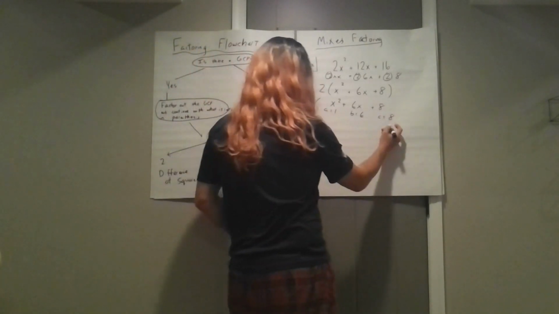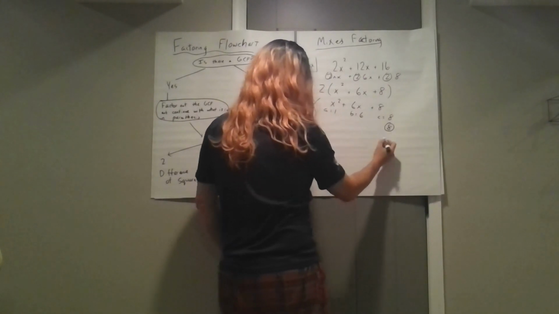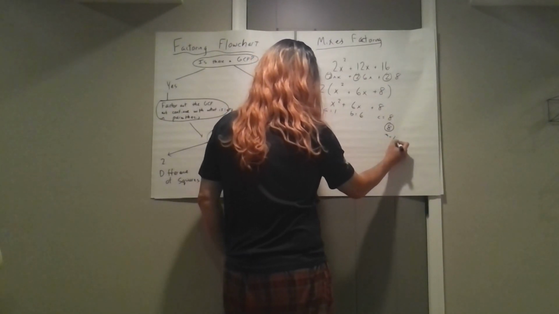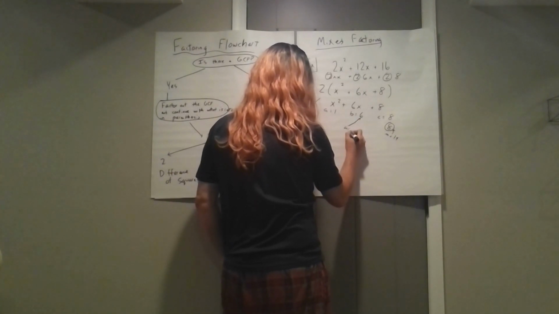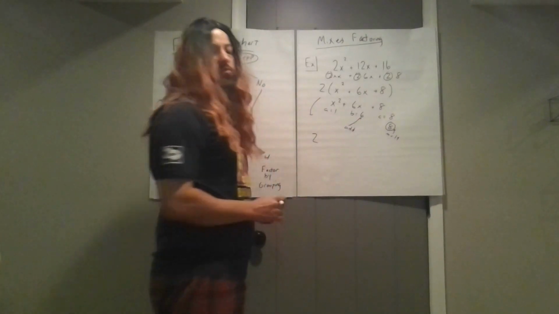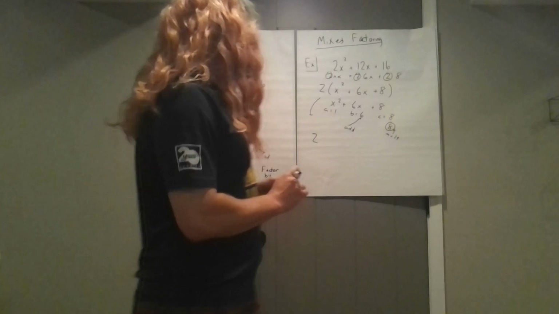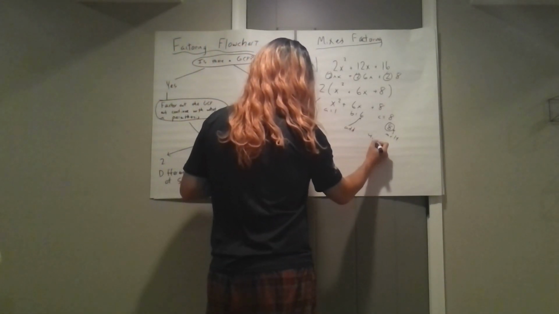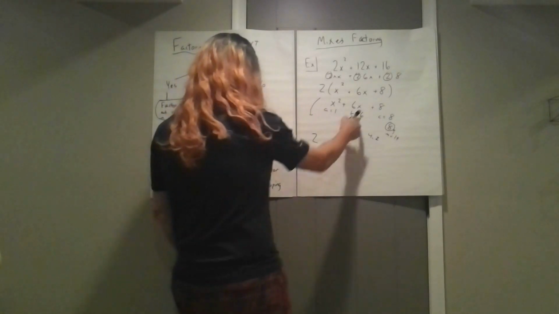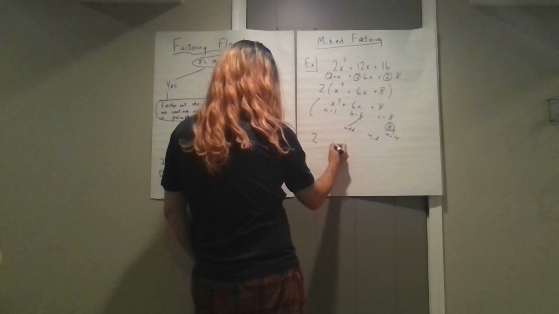We multiply a times c to get 8. That's our multiply term, and that's our add term. So we're looking for 2 numbers that multiply to get 8 and add to get 6, which is 4 and 2.